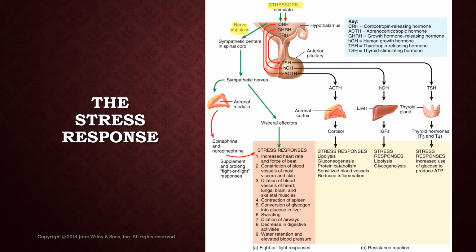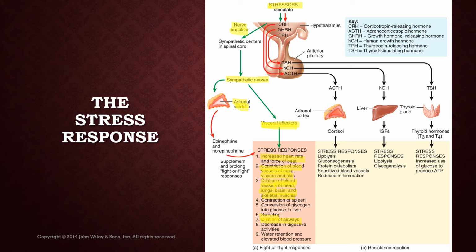It's going to go through the sympathetic nerves to the adrenal medulla, and then to these visceral effectors that we've talked about before, these sympathetic responses like an increased heart rate, dilation of blood vessels for the heart, lungs, brain and skeletal muscles, and then constriction of blood vessels for the gut and digestive organs. Also dilation of airways, so you can bring in more air, and then sweating as well, are just a couple of these sympathetic responses that are elicited by that fight or flight response, that quite short-lived response.